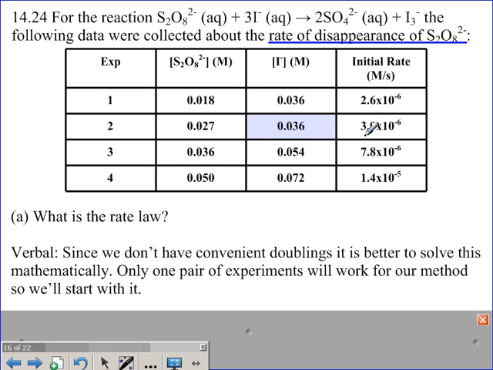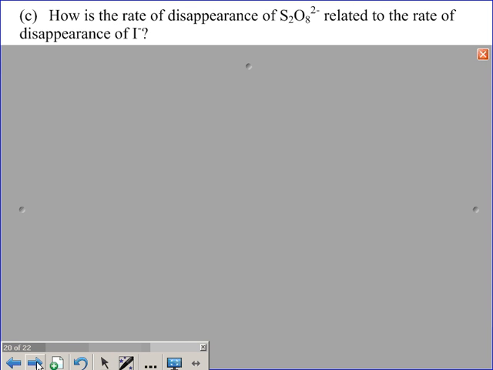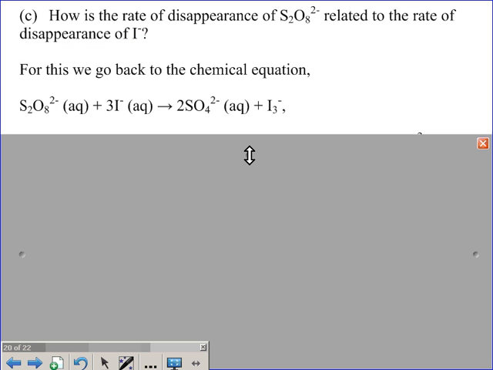So these initial rate measurements are the rate of disappearance of this. Because every time we answer one of these, how do they compare? How does the rate of disappearance of one relate to the disappearance of another? We have to go back to the chemical equation.